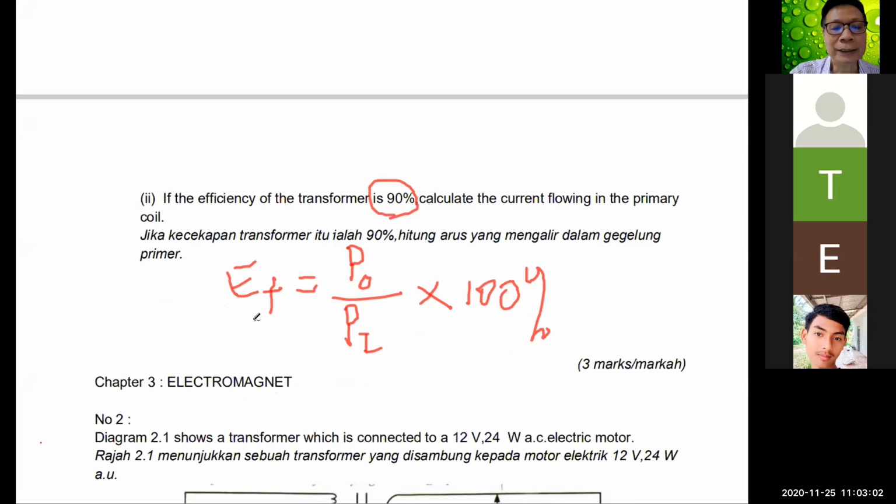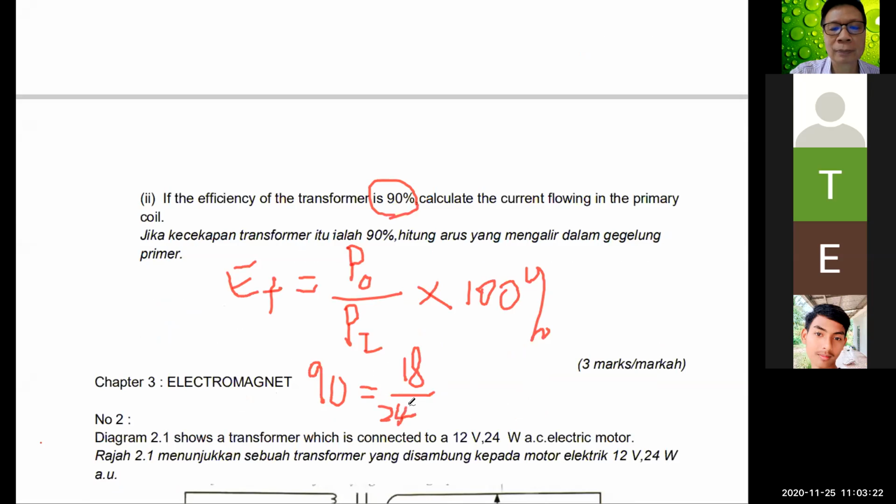Efficiency is given as 90%. The output power you calculated already is 18 watts, right? And the input power is VI, where the voltage is 240.